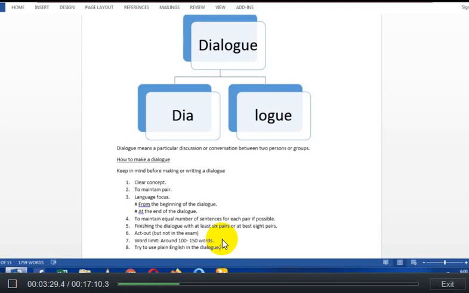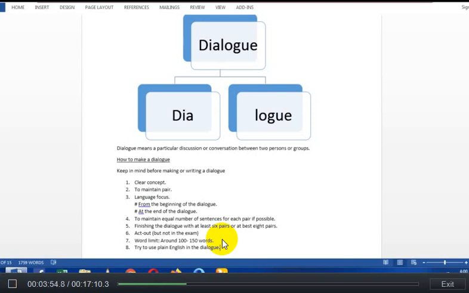How many pairs? 6 pairs or at best 8 pairs. Moreover, you may go up to the highest of 10 pairs but not over 10 pairs, but the standard level is 6 to 8 pairs.